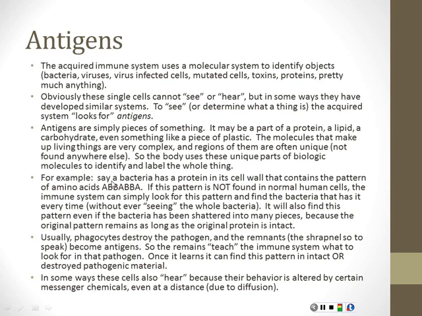So as another example, if a bacteria has a protein and it has this pattern of amino acids, if we see that pattern somewhere else, we can kind of assume that that is part of that bacteria that has that pattern. So that is an antigen, a little piece of a thing. Now, it can be a piece of just about anything. So it can be a part of a protein, a lipid, a carbohydrate. It can even be a part of something synthetic, like plastic or mesh or wire.